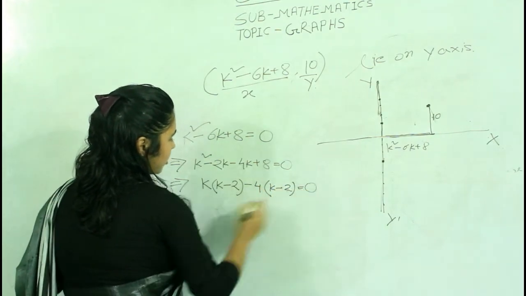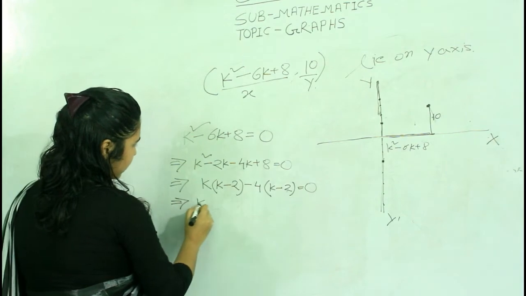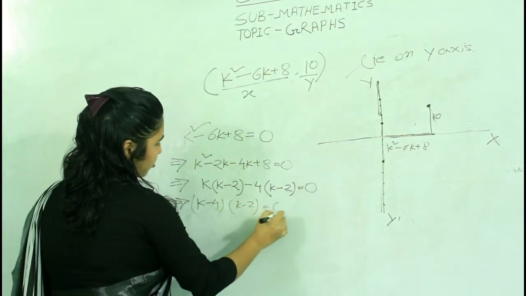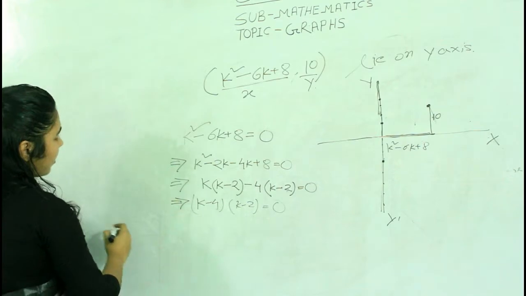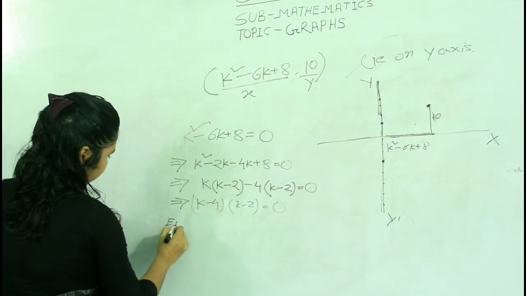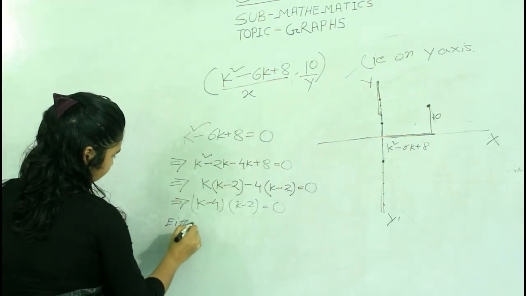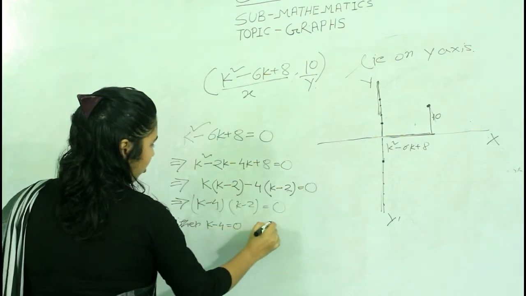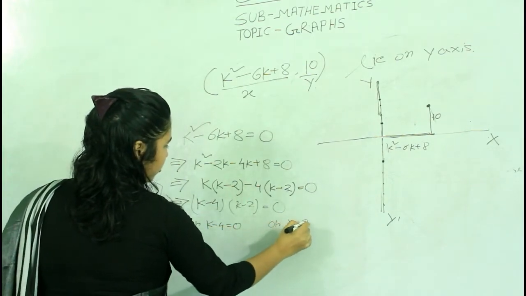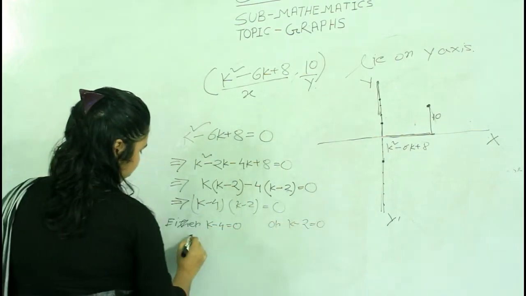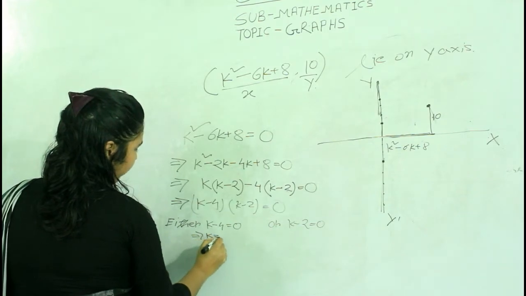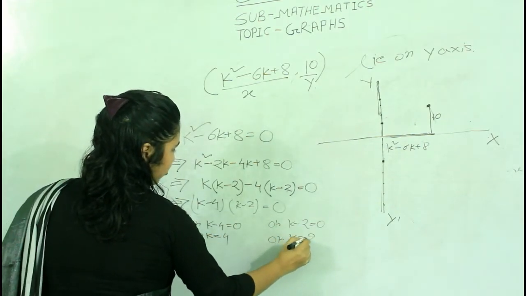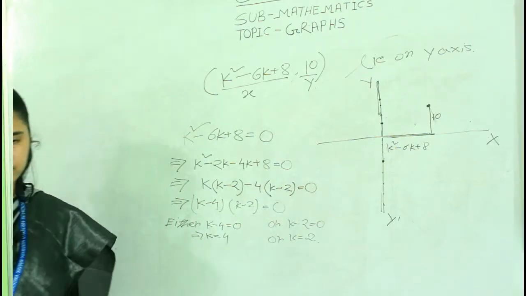So k minus 4 into k minus 2 is equal to 0. That means either k minus 4 is equal to 0 or k minus 2 is equal to 0. That means the value of k is 4 or 2.